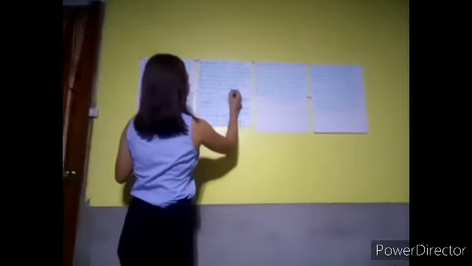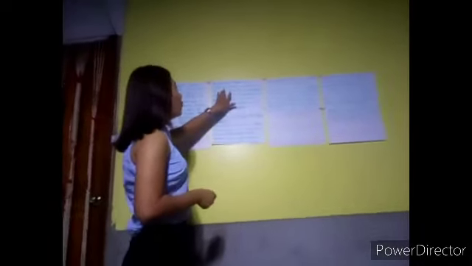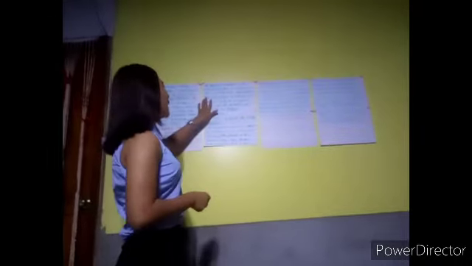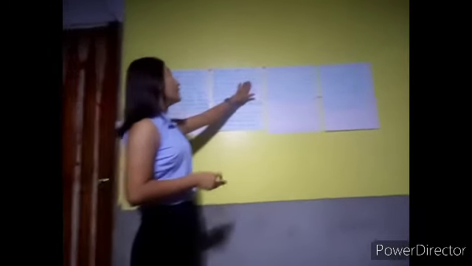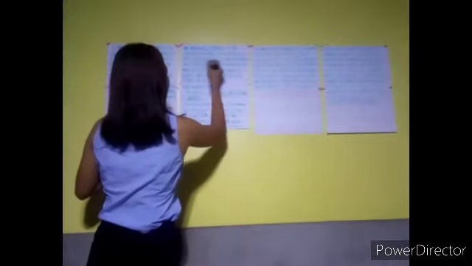The highlighted word is adverb. Okay, I will repeat again. The meaning of infinitive phrase is the infinitive form of a verb plus complements and modifiers. So, I have an example for infinitive phrase.